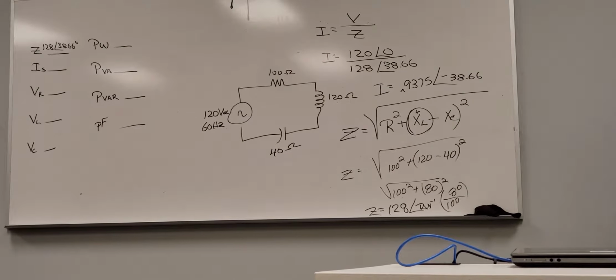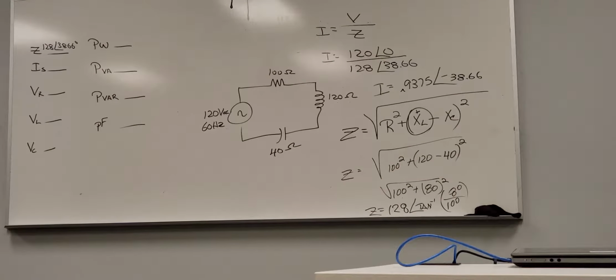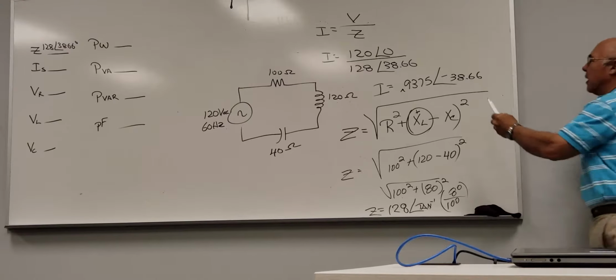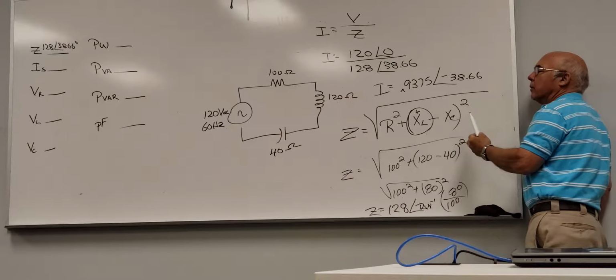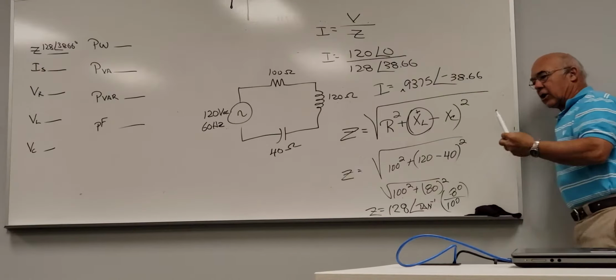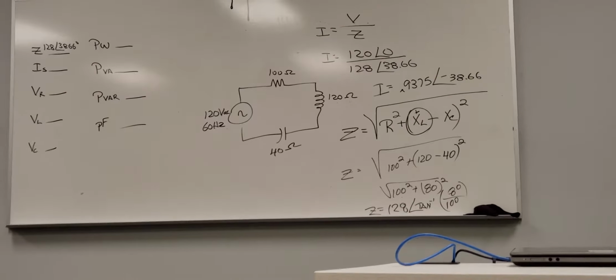At that point, I would stop. Think about it for just 1 second. Does it make sense? This negative sign means that the current is lagging the voltage. In an inductive circuit, the current will always lag the voltage.